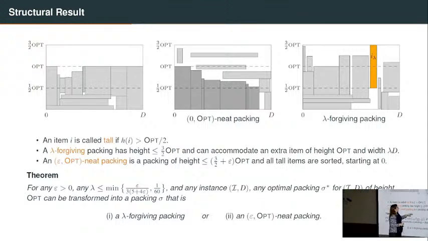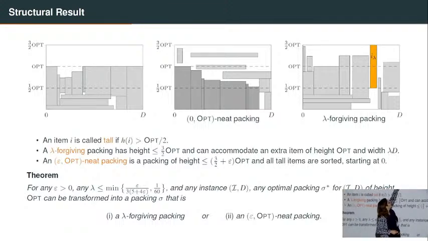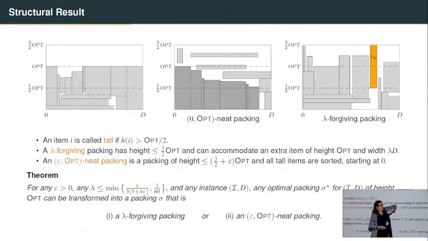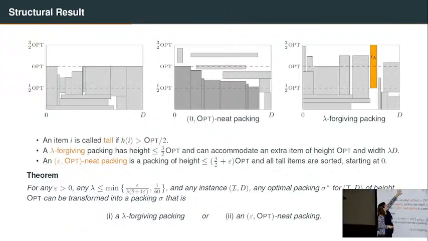And the other one is an optimal neat packing, which means that we sort all the items which have a height taller than 1/2 in decreasing order of their height and place the other items somewhere in between. So both approaches take the optimal solution and rearrange them somehow.